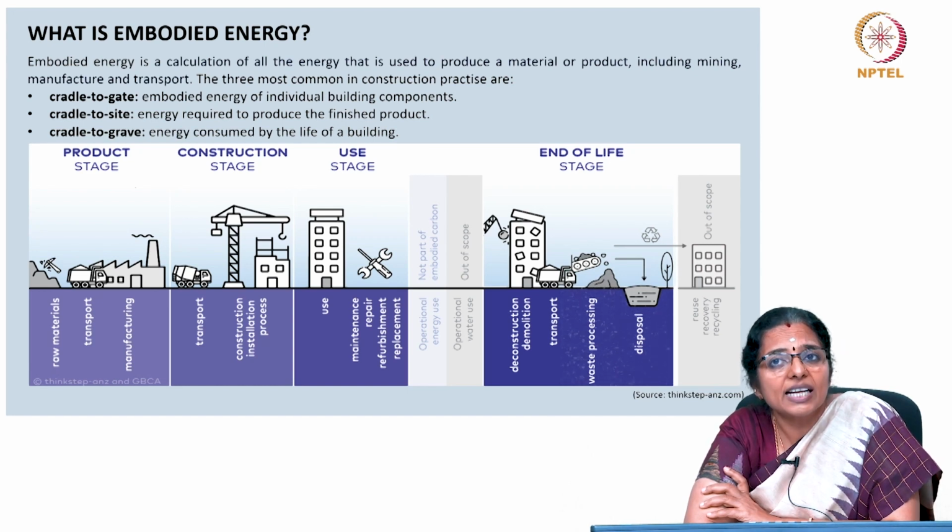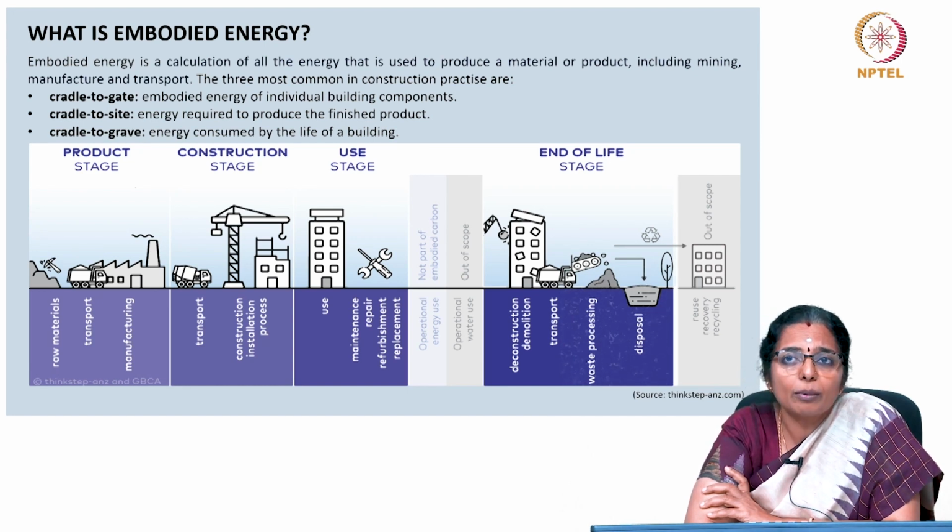Demolition energy is the energy necessary to demolish and dispose of the building at the end of its life. The cradle to grave embodied energy life cycle does not include the operational energy required to utilize the final product.